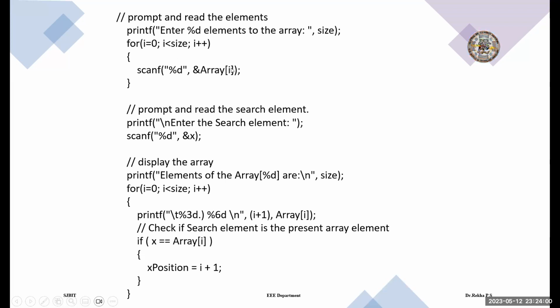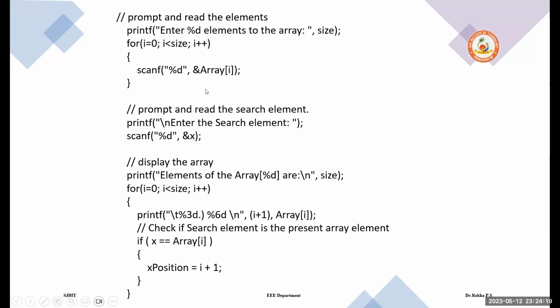You are reading into the array by name array[i]. The first index is 0, so array[0], array[1], array[2], like that, till i is less than size. All the values will be read into the array.